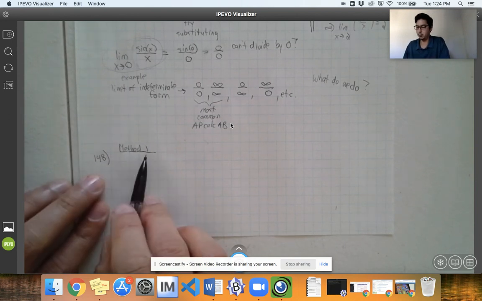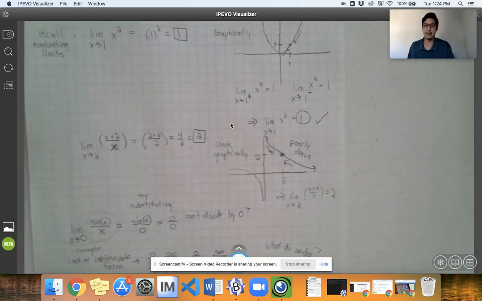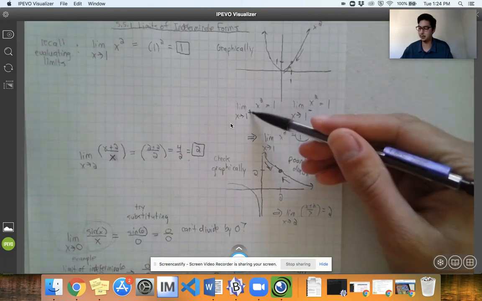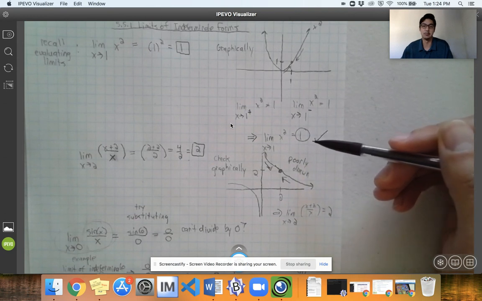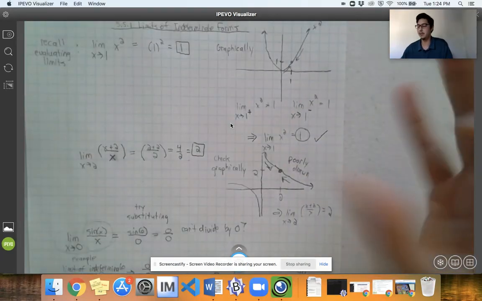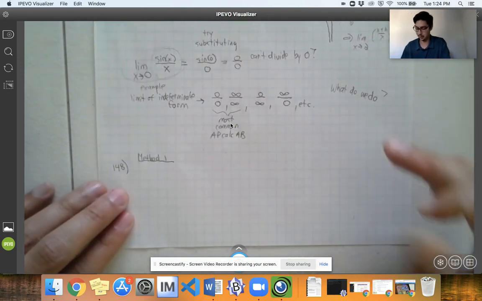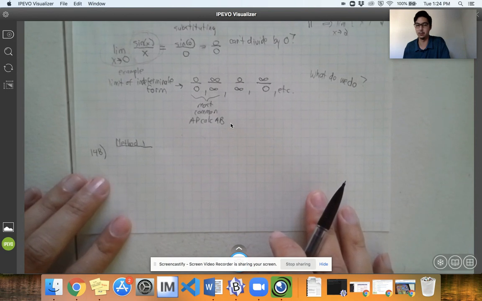In 148, there's one method where we can use the graphical approach that we know how to do with limits, where you evaluate it from the right and from the left. If they're the same, then we can say that the limit exists, even though the function doesn't exist there, which means it's not continuous, but we can still say the limit exists. I'll write that all down because I said a lot there.